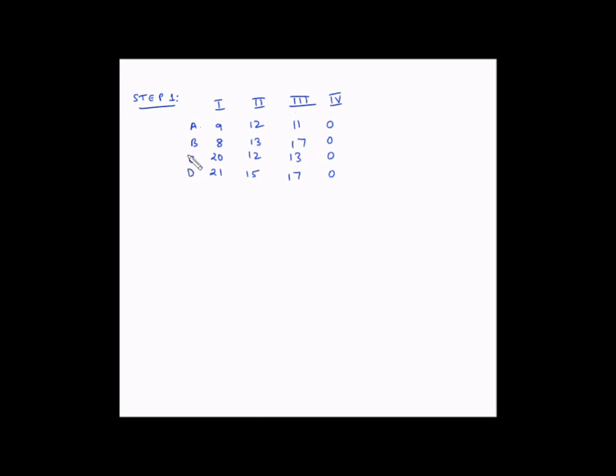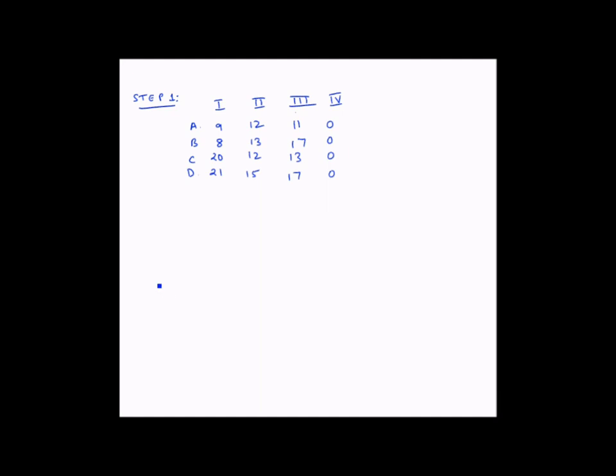We have to assign these tasks to 3 subordinates in such a way that we minimize the total number of hours. So the first objective is that we find out which task should be assigned to which subordinate, and since we can assign only one task to one subordinate, we also will have to identify which task remains unallocated.